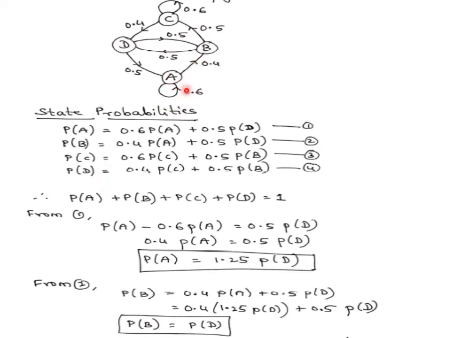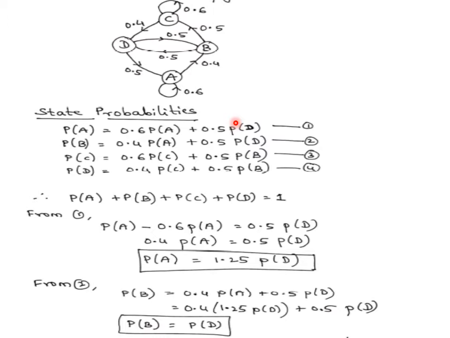So the state equation at state A is, at state A the incoming probability is 0.6 and one more incoming probability at state A is 0.5. Therefore the state equation is P of A equals 0.6 P of A plus 0.5 P of D.